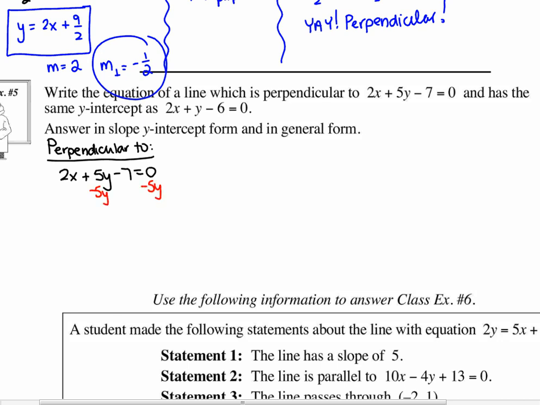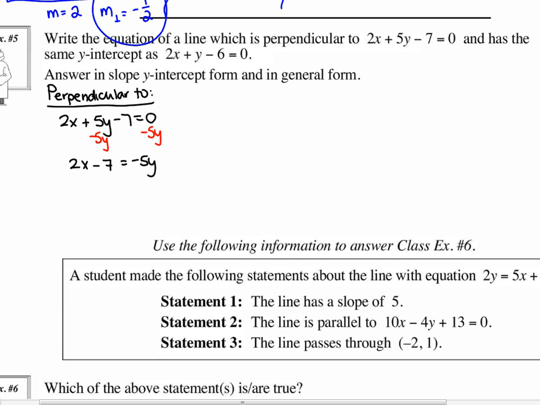Start by making sure that your equations are the same. So the one that it's perpendicular to, you should have had y equals negative 2 over 5x plus 7 over 5. The equation that it has the same y-intercept as, be very careful here.